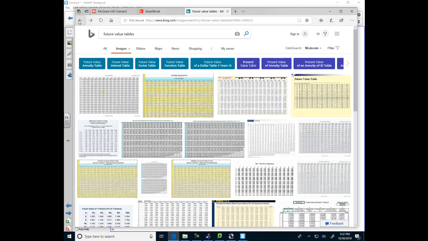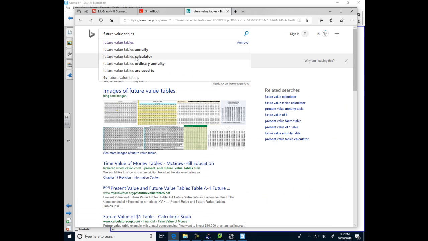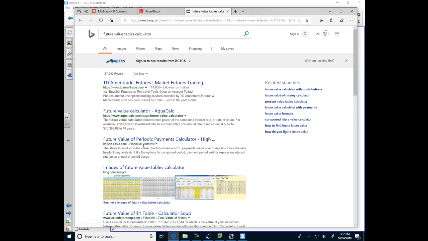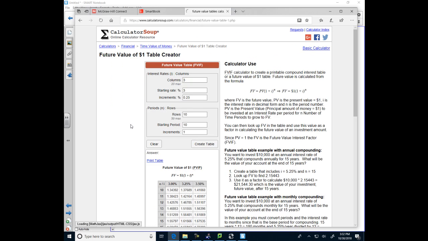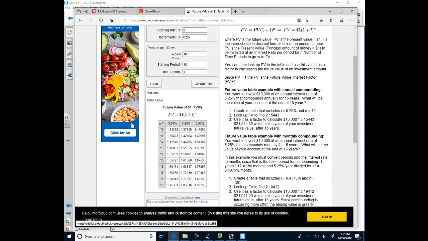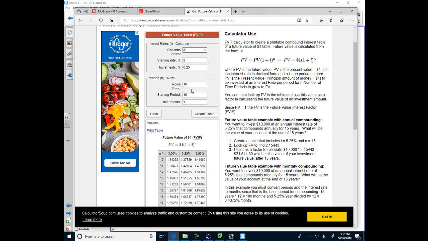Now, there are calculators. It says you can print the table there. You can play around with how to use these.